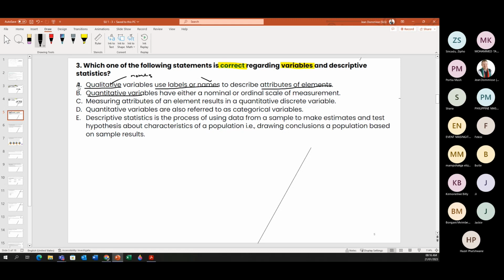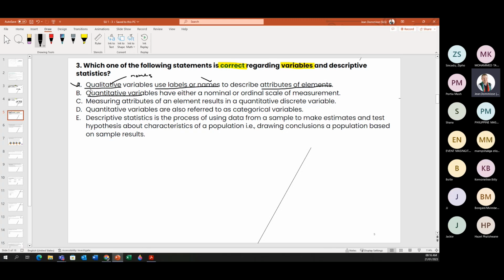Qualitative variables are things like, let me rephrase, something like province is qualitative. Something like your education level is ordinal, qualitative.